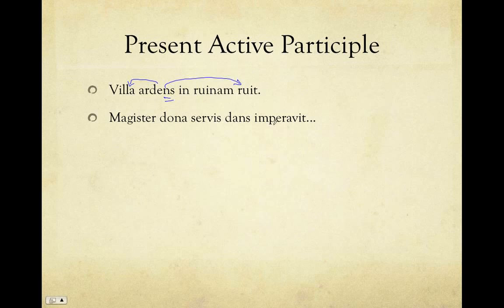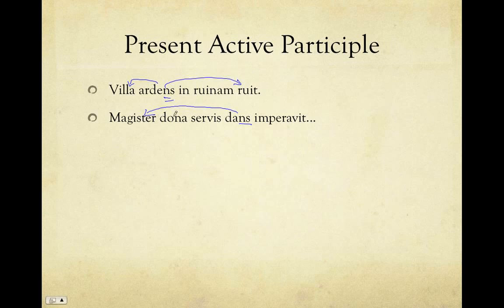Magister dona servis dans imperavit. So dans, there's our participle, masculine nominative singular, so that's modifying magister, and it's a verb, so it can do things like have direct objects. So the master giving gifts to the slaves commanded. Magister dona servis dans, the master giving gifts to the slaves.